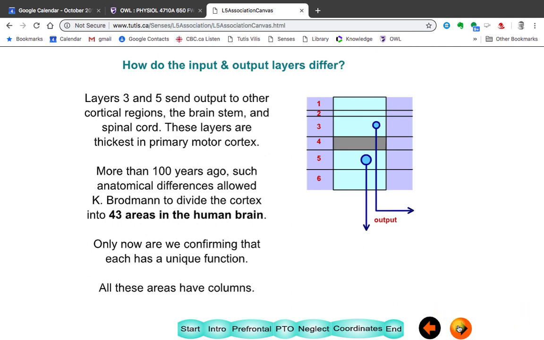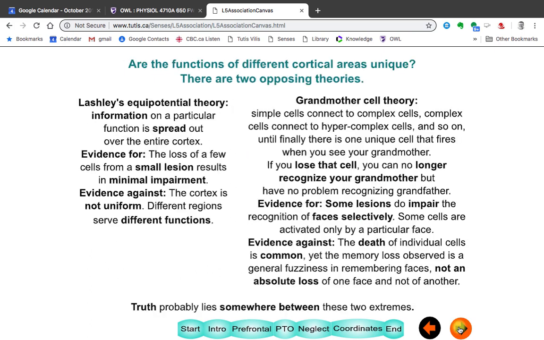And every area of the brain, as we mentioned before, has columns. Now, how is the brain organized? What's the function of all these areas? Well, over the history of neuroscience, which is less than 100 years, Lashley, for example, was a fellow that came out with this equipotential theory.